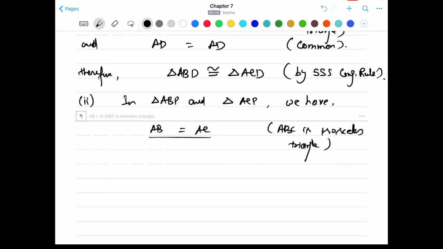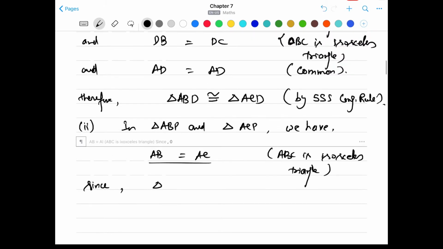That we have, since in part 1 we have proved that triangle ABD is congruent to triangle ACD. So we'll use this: since triangle ABD is congruent to triangle ACD, this is proved above, proved in part 1.